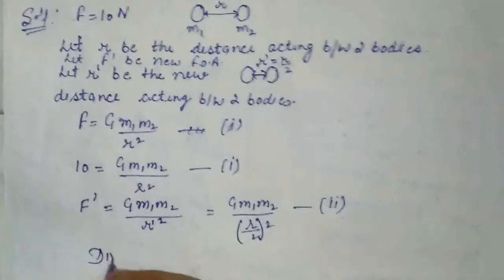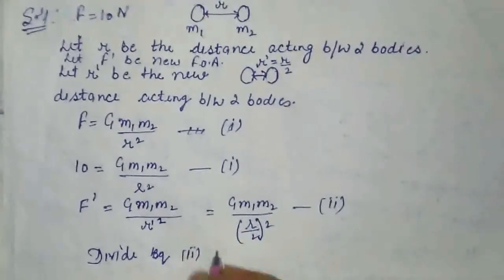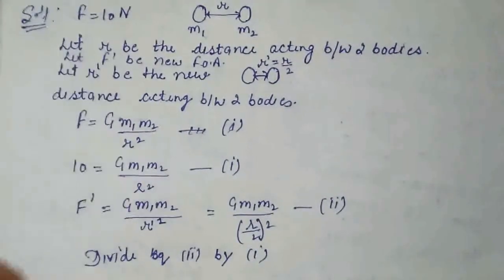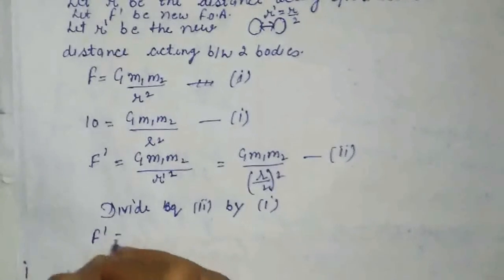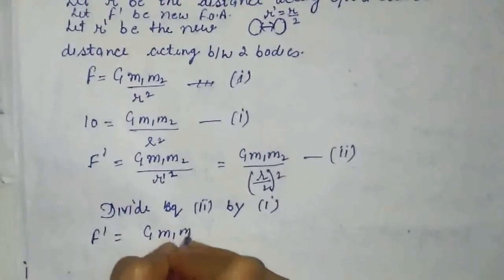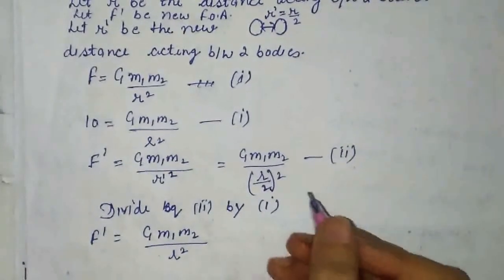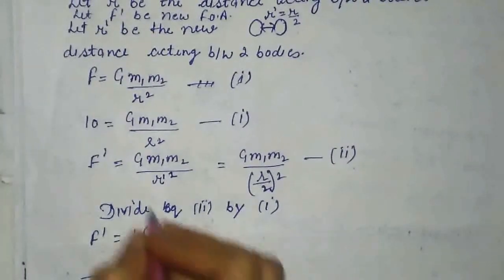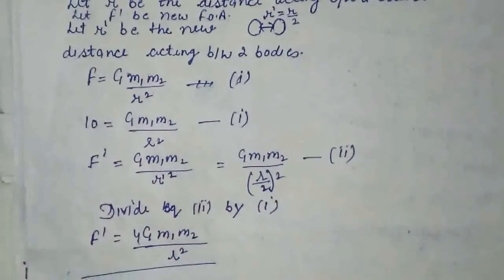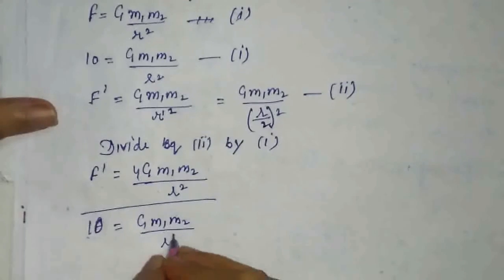Now divide equation 2 by equation 1 to calculate the value of the new force. Equation number 2 is F dash equal to G m1 m2 by r square upon 2 square, that is 4 G m1 m2 upon r square, divided by F, that is 10, equal to G m1 m2 upon r square.